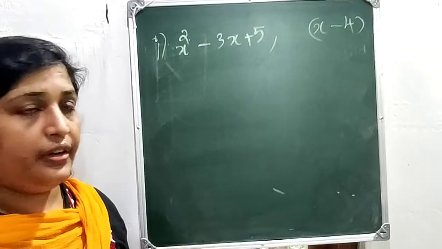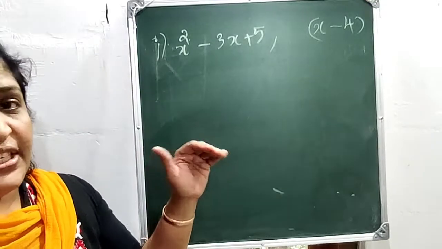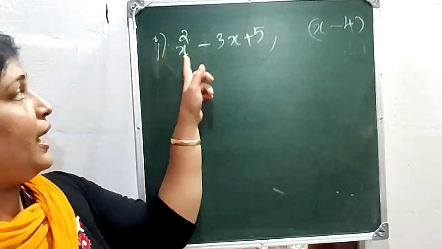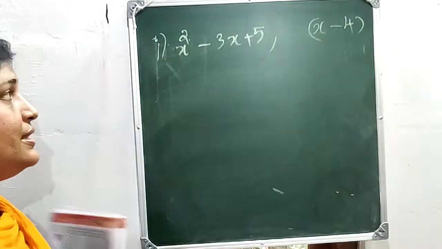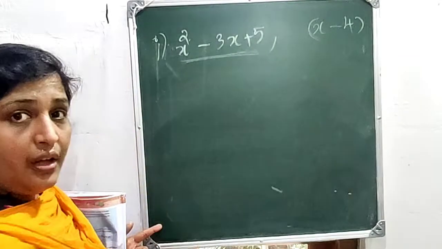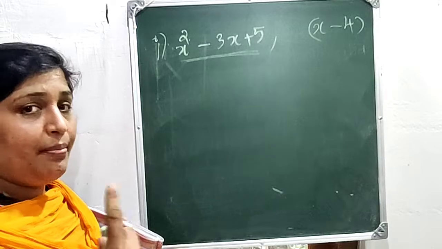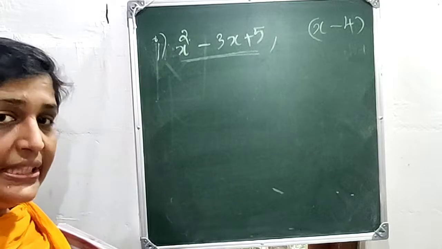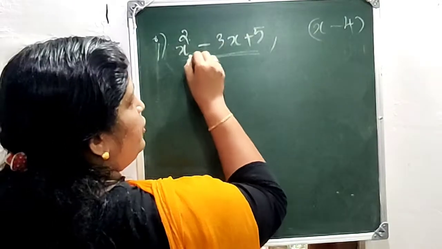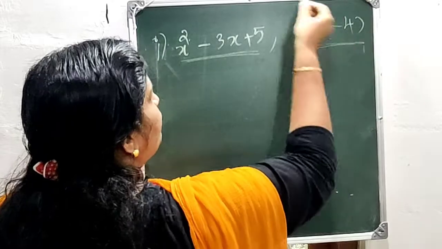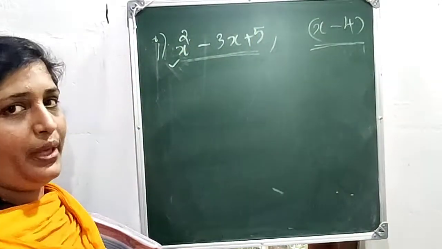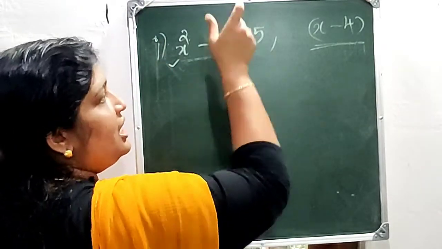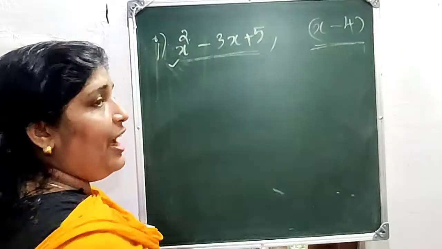What we need to find here is a number that is subtracted from this second degree polynomial, so that x minus 4 will be a factor of the resulting polynomial.